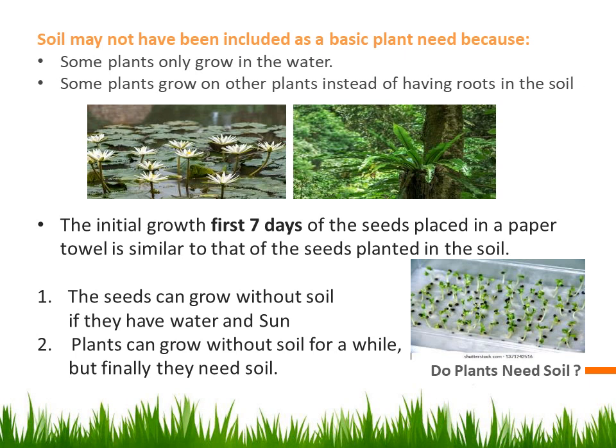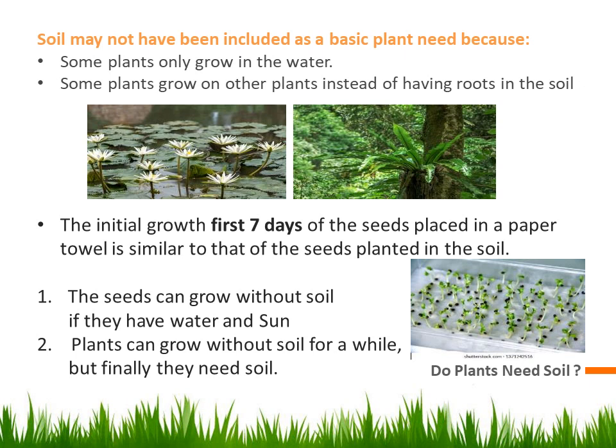Soil may not have been included as a basic need because some plants only grow in the water, like water lily, and some plants grow on other plants instead of having roots in the soil. The initial growth, meaning the first 7 days of seeds placed in a paper towel, is similar to that of seeds planted in the soil.